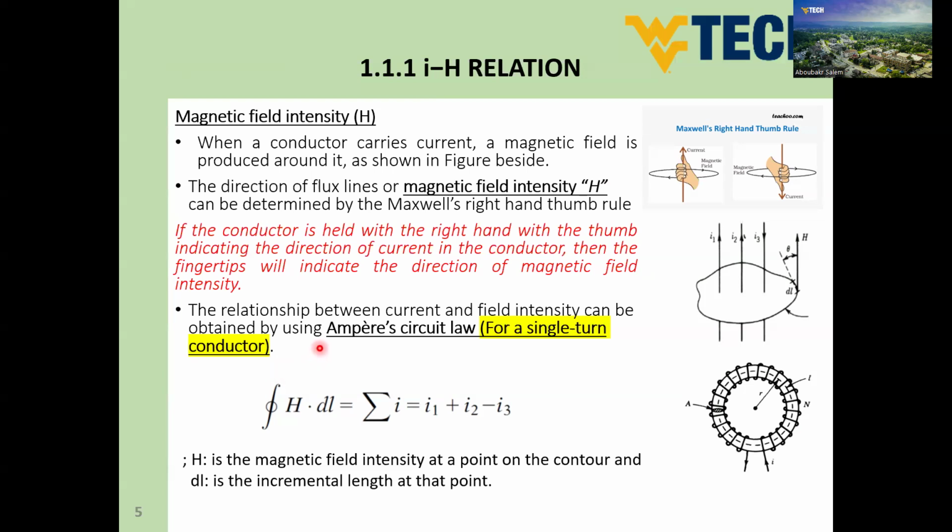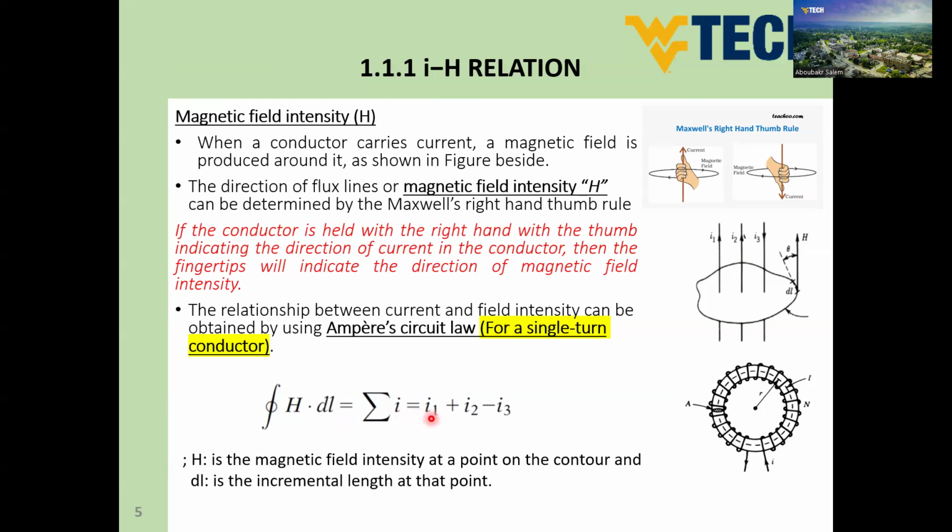Ampere's law says the summation, the integration or the surface integration of flux intensity times dl, where dl is the smallest portion of the average length of the magnetic core, equals the summation of currents. This is just for one turn. If you have many turns, it will be multiplied by n.